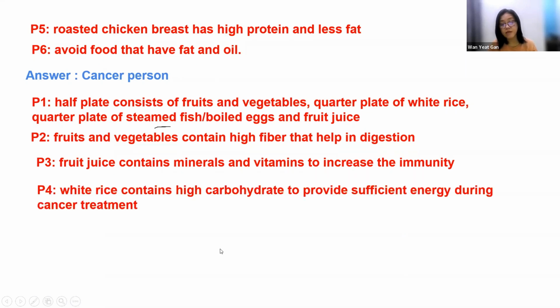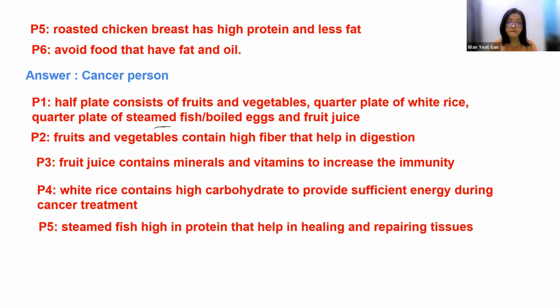White rice contains high carbohydrate to provide sufficient energy during cancer treatment. Steamed fish is high in protein that helps in healing and repairing of tissue because of the treatment that he's undergoing. There may be some damaged tissue due to the radiotherapy.